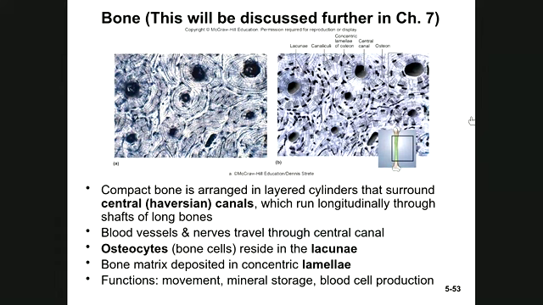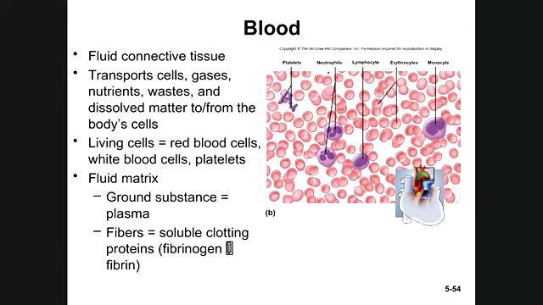The other connective tissue is called blood. The blood is a fluid connective tissue, and in the blood we have many cells, as you see here, in different shapes. Some of them are red blood cells which can carry oxygen for us.